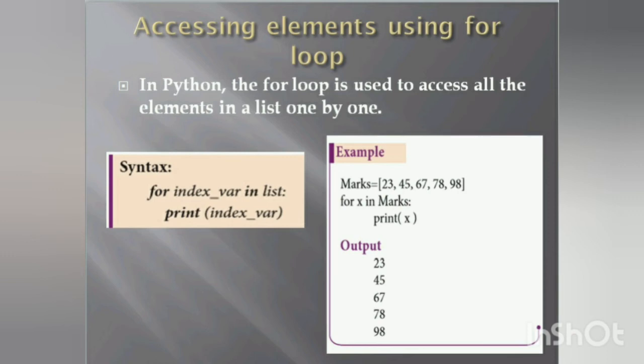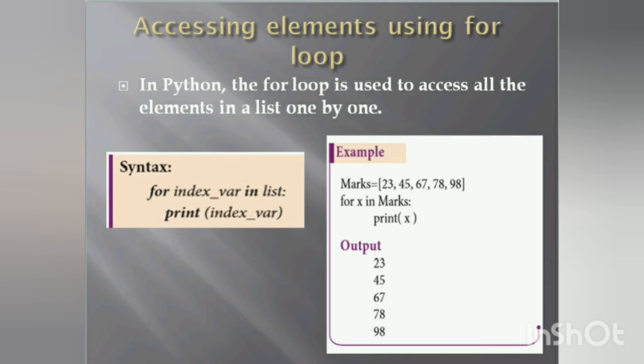Now look at the example. Marks is equal to 23, 45, 67, 78, 98. This is a list assigned to the variable marks. Now you are using for loop. By using the for loop, you can access each element in a list. For is the keyword, x is the index variable.